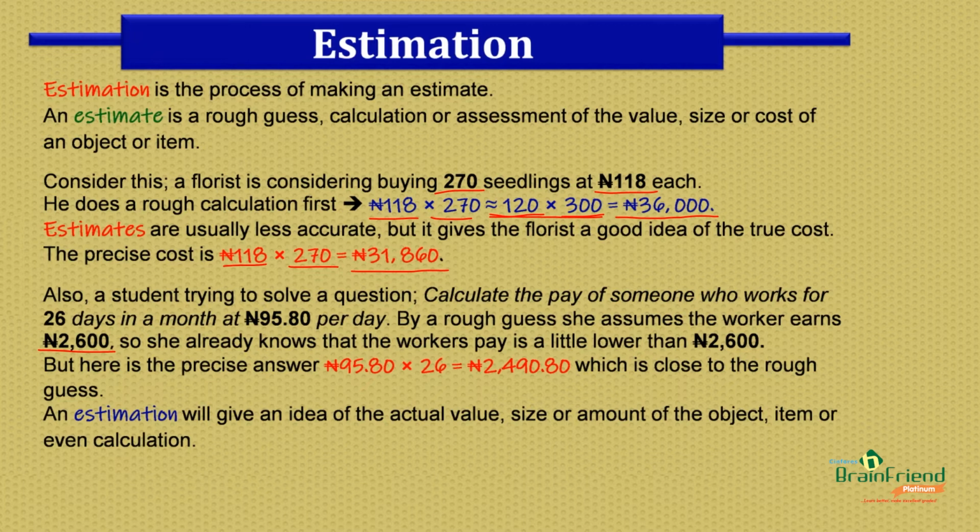But here is the precise answer. 95.80 multiplied by 26 gives us 2,490.80. Now you realize that this amount is close to the estimated amount of 2,600. So estimations can give us a rough idea of what the true value is.